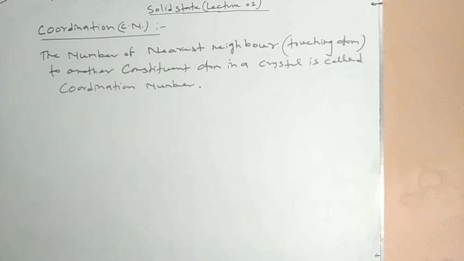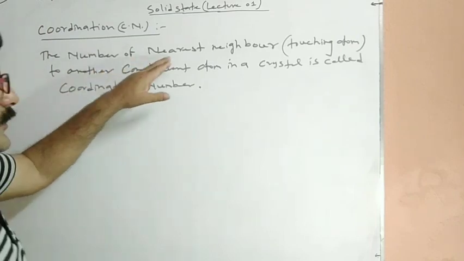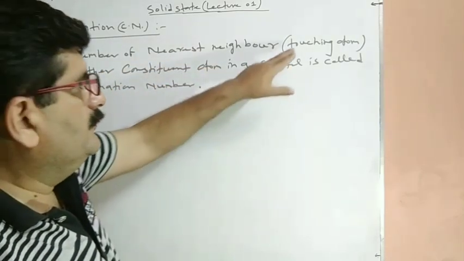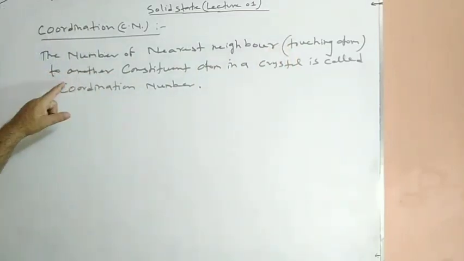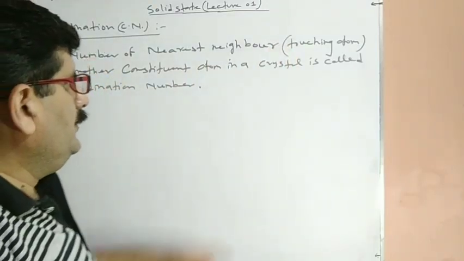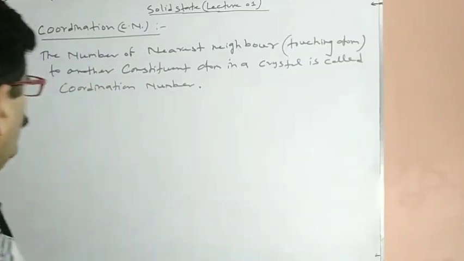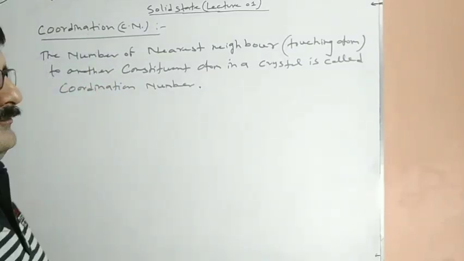So it is written here: the number of nearest neighbor, that is touching atoms, to another constituent atom in a crystal is called coordination number.